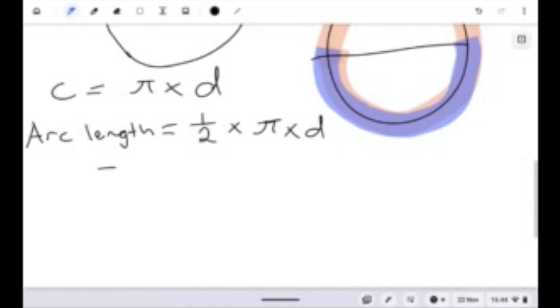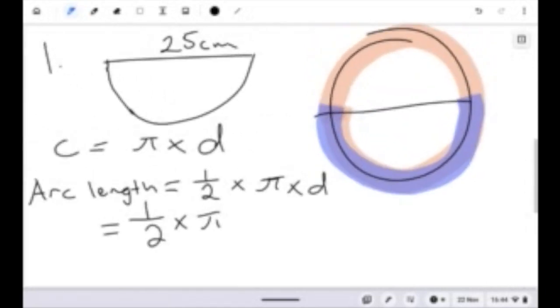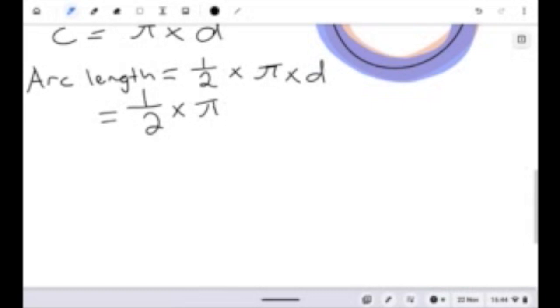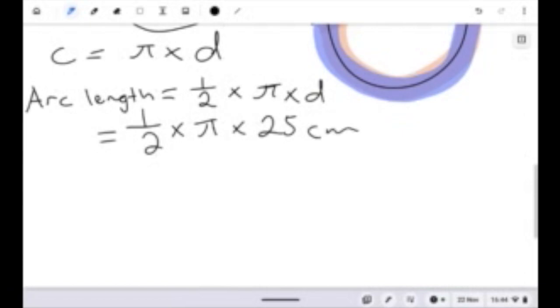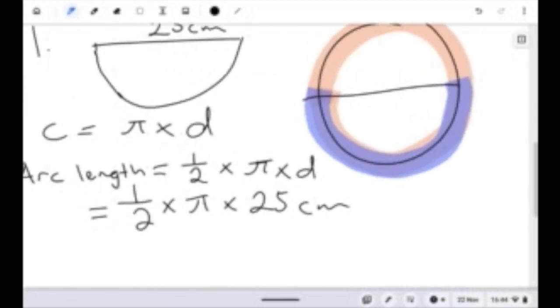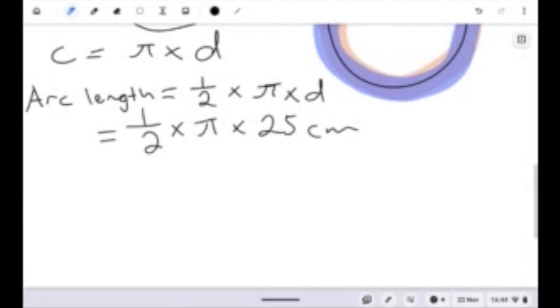Now all I have to do is just substitute pi and my diameter. And my diameter is 25 here, and that's in centimeters. And once I put that into my calculator, I'm going to find the length of half of this circle, which is going to give me my arc length here.